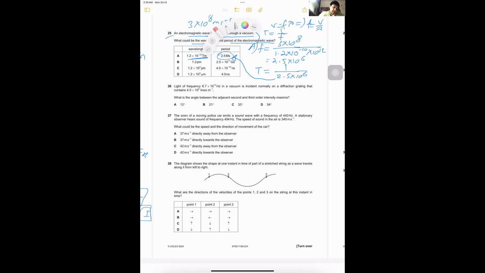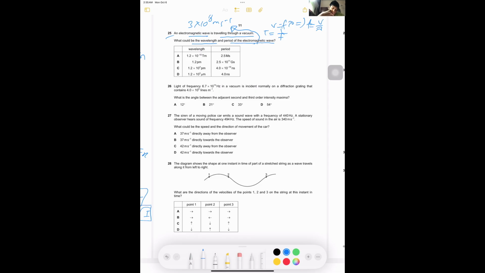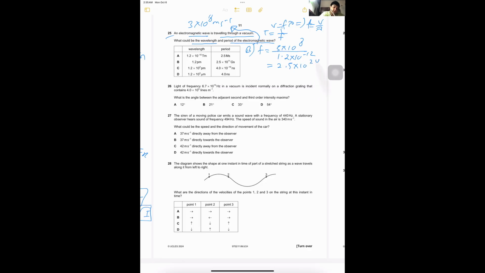I will just erase this and move on because I don't have much space. So I will do the same thing for part B. The frequency is again 3 into 10 to the power 8 by wavelength 1.2 into 10 to the power minus 12, which is, just use your calculators, 2.5 into 10 to the power 20.